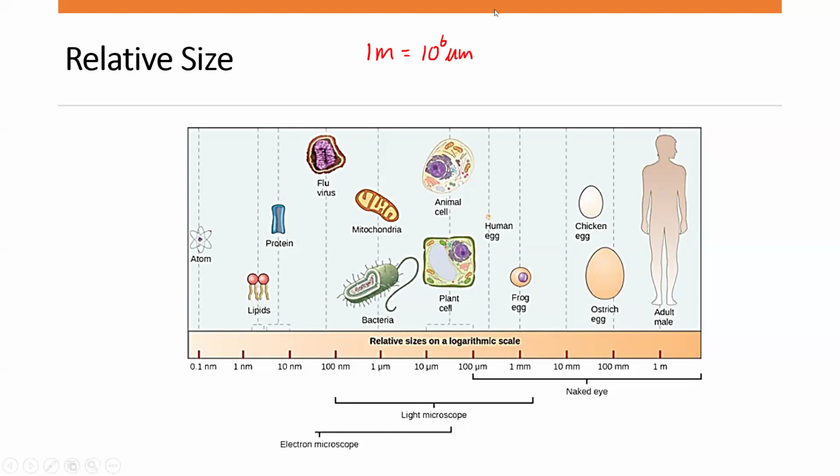And so we tend to measure cells within the 10 to 100 micrometer range, depending on what kind of cell you're looking at. Some cells are bigger than others. Even within our own body, certain cells are longer, or they might be a little bit smaller, depending on what organ you find them in. Plant cells sometimes are significantly bigger than animal cells, and so on and so forth.